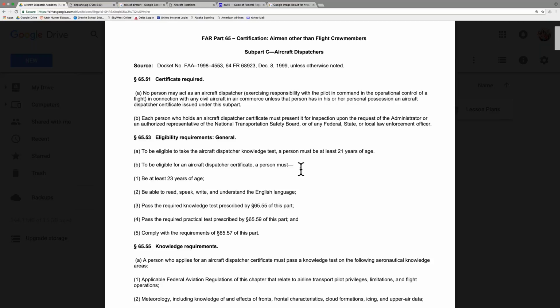Like I said, we're not directly affiliated, but we have very close connections, and we try to provide as many opportunities as we can for our students. So, probably a lot better opportunities than you find in a lot of the other dispatch schools.